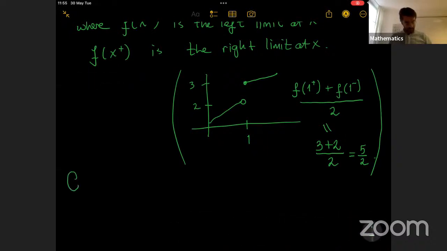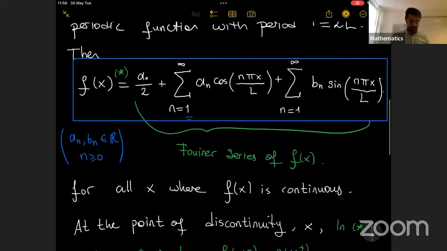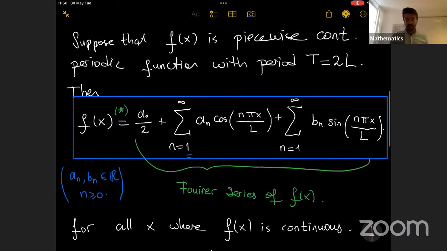So our goal here: find an and bn in the Fourier series. So this is like Taylor series or power series, but instead of power functions, we have sine and cosine, and an and bn are the coefficients, right?